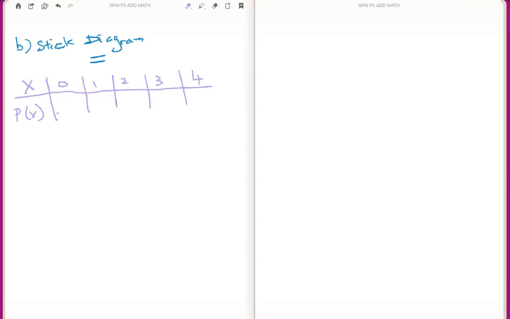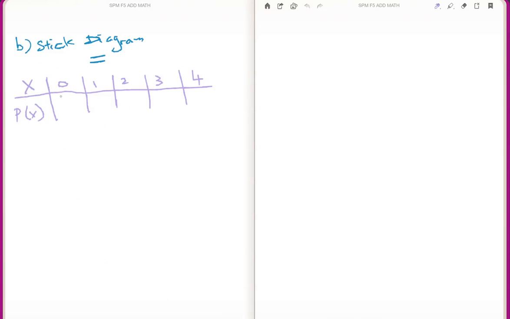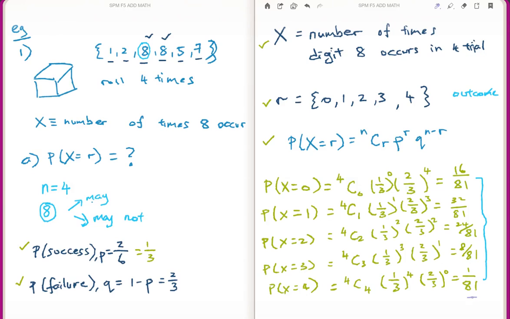The probability of 0 is 16 over 81, so I transfer it here: 16 over 81, 32 over 81, 24 over 81, 8 over 81, and 1 over 81. Is it correct, 1 over 81? Just to be sure, yes, it's 1 over 81.